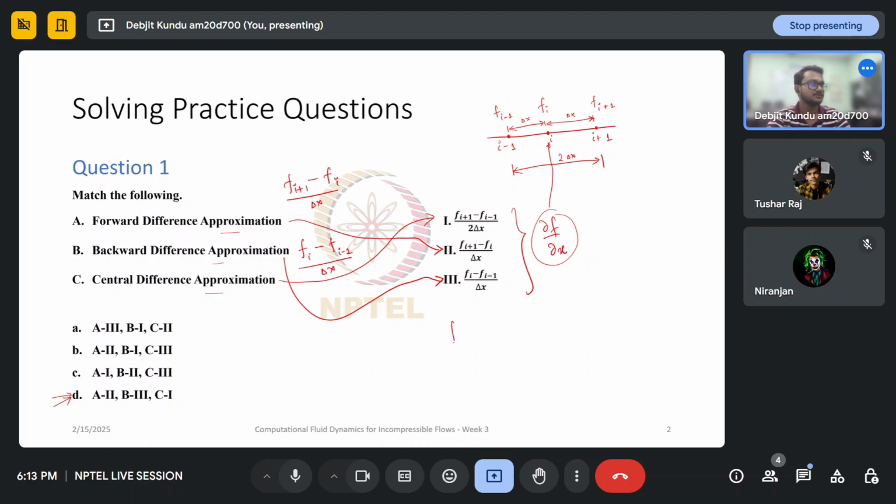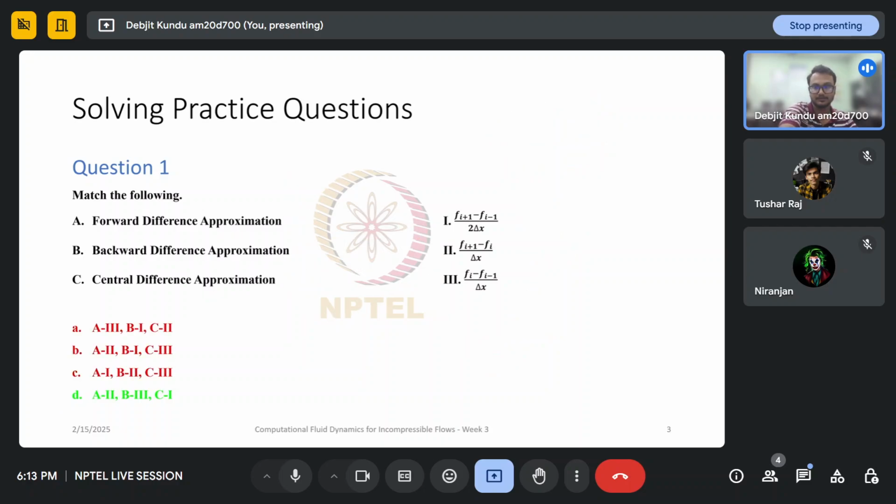So the form would be fi plus 1 minus fi minus 1 divided by 2 delta x. And that matches with 1 as we can see. So A2, B3, C1 should be the correct answer. Let's take a look, and it is indeed the correct answer.